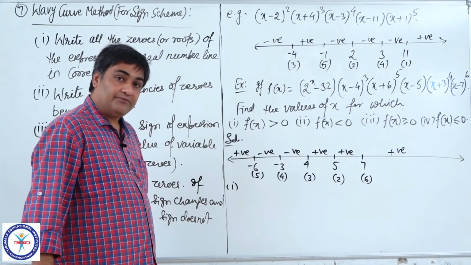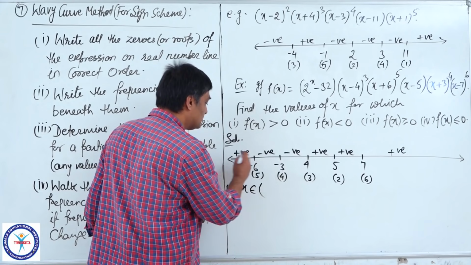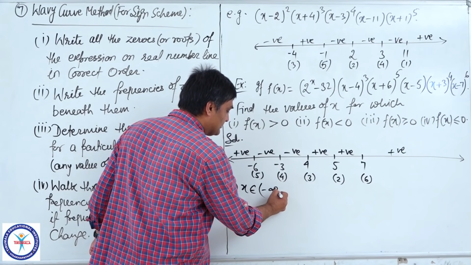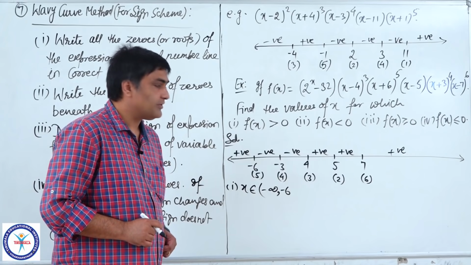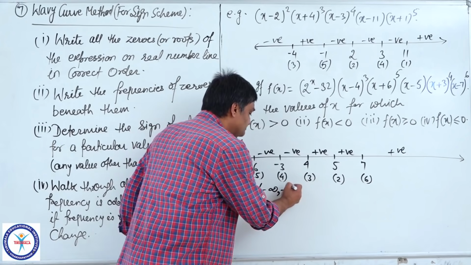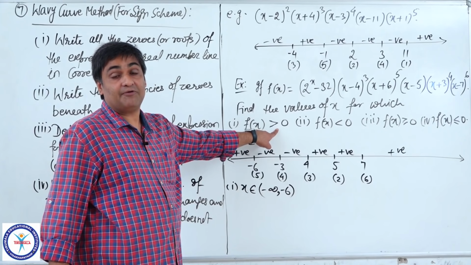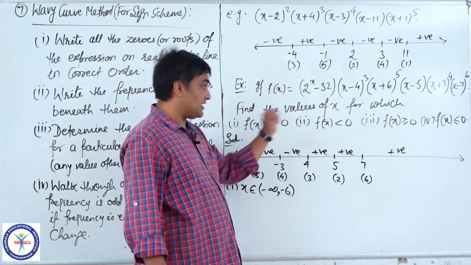In form of intervals, we can write x belongs to -infinity to -6. -6 open or close? Open, because f of x has to be greater than 0, not greater than or equal to 0.